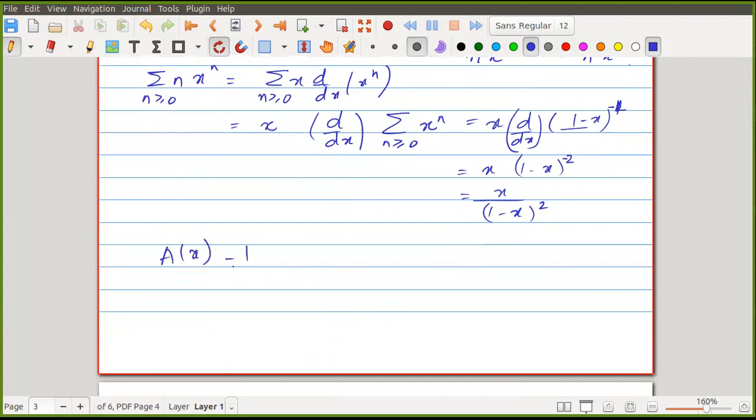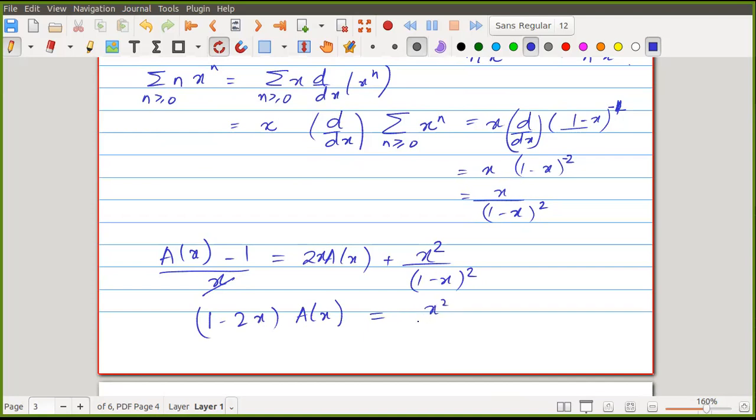So you have Ax minus 1 upon x is equal to 2 times Ax plus x upon 1 minus x whole square. Fine. So let's remove this, put an x here, put an x square here, and then I know that 1 minus 2x Ax is equal to x square upon 1 minus x whole square.